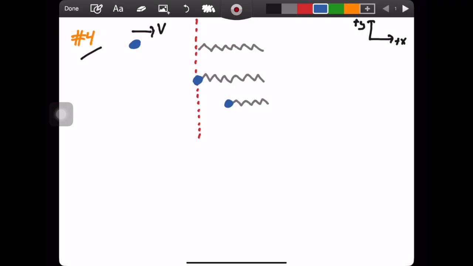But what's going to happen next is as the cart is moving to the right, the spring is actually going to be doing work in the opposite direction of the motion, which is to say, you can imagine that there's some Hooke's law force equal to the spring constant K times delta X, where delta X is how much the spring has compressed from its equilibrium length.